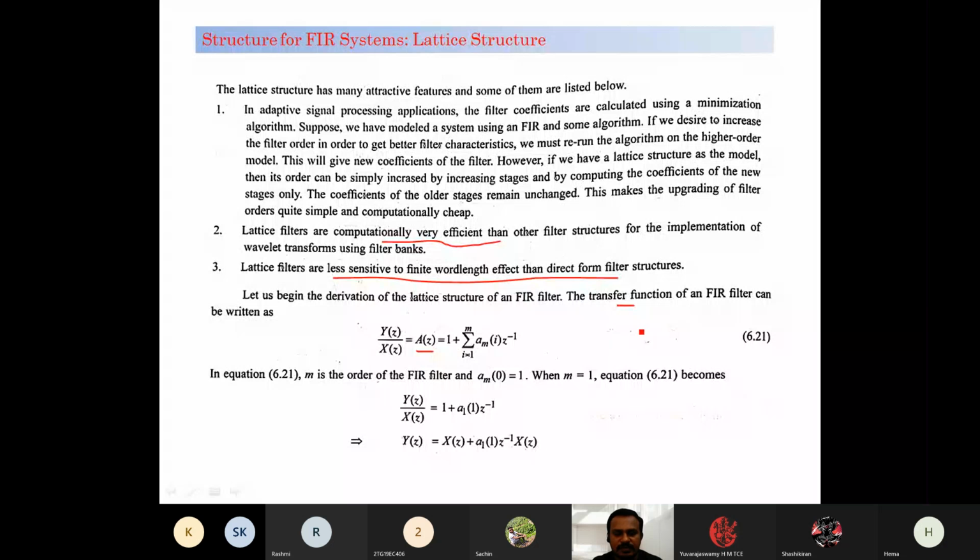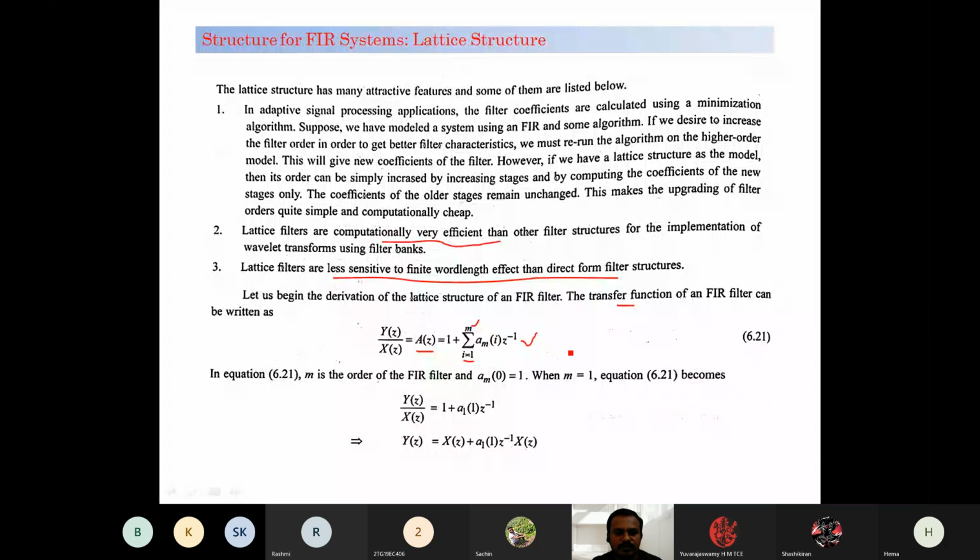The transfer function is given by the ratio of output by input, Y of z divided by X of z, which equals A of z, which is 1 plus, instead of i equal to 0 to M minus 1, here we deal with summation i ranging from 1 to M of a_M(i) z to the power minus i. That is the transfer function in the form of the z transform.